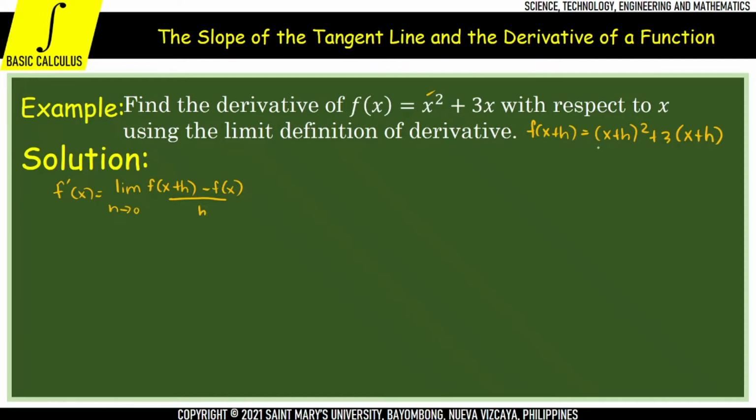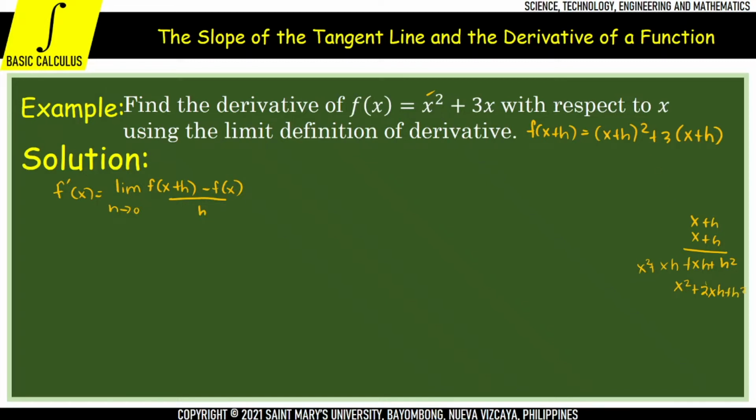Okay, next, simplify. Ano ba ang x plus h squared? So, kung long solution yan, for example, we have x plus h and then x plus h, that will be equal to h squared plus xh plus xh plus x squared. Meaning, x squared plus 2xh plus h squared.